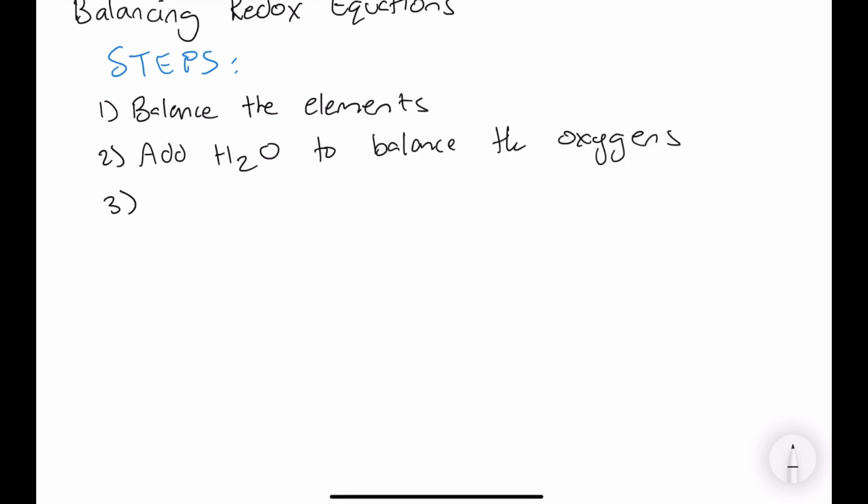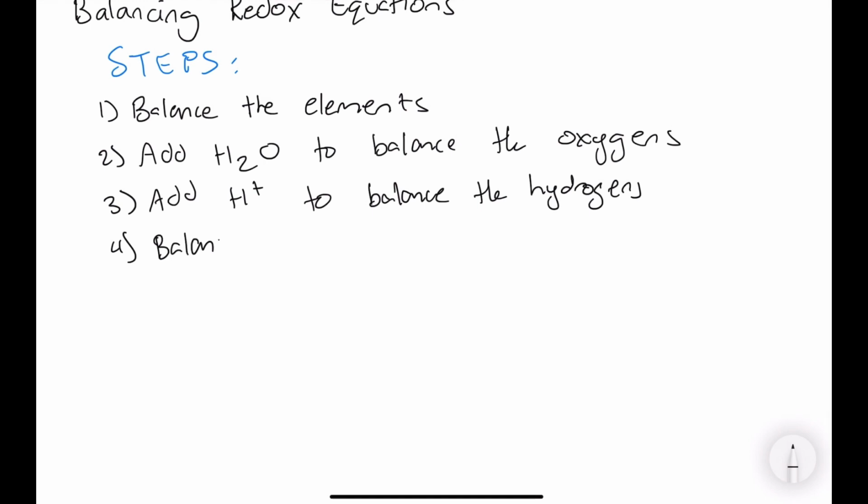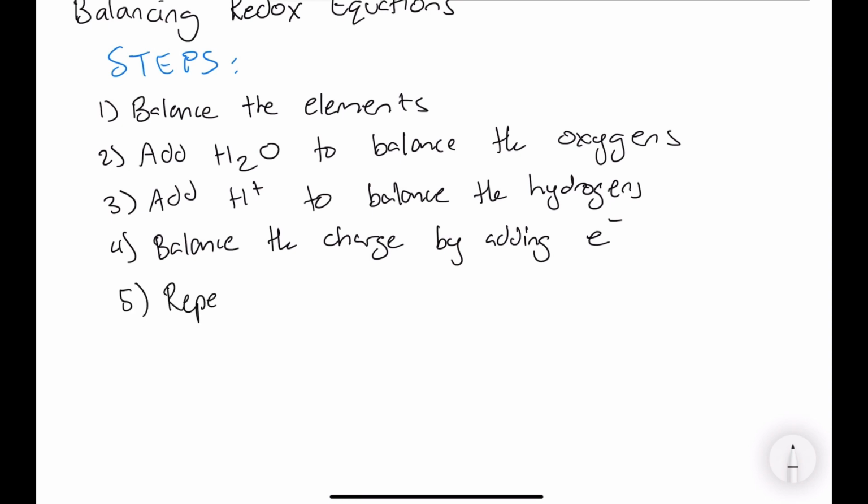After you balance the oxygens, you add H plus to balance the hydrogens. And the next one, you balance the charge by adding electrons. And then the last one is repeat for the other half equation.